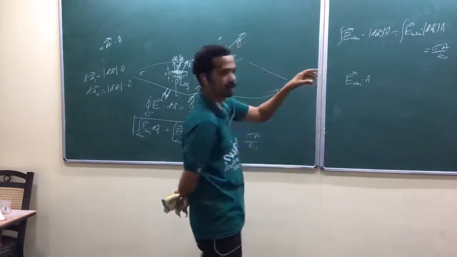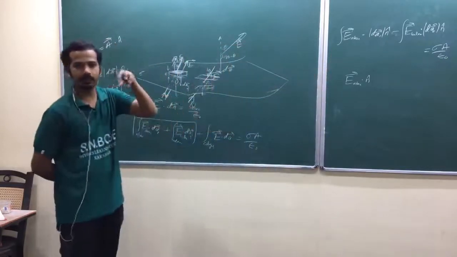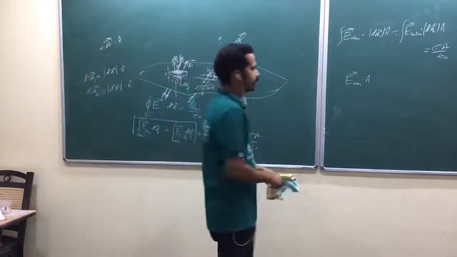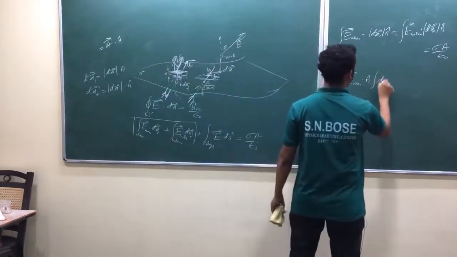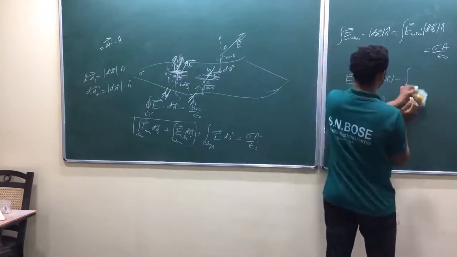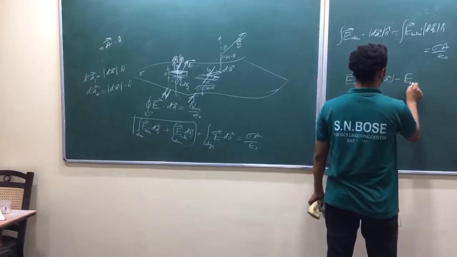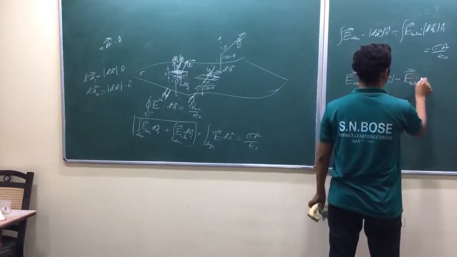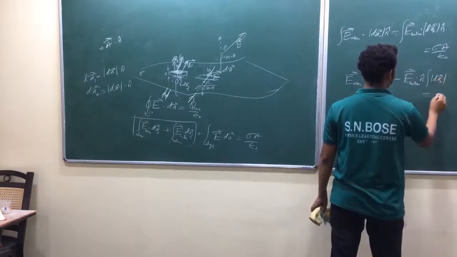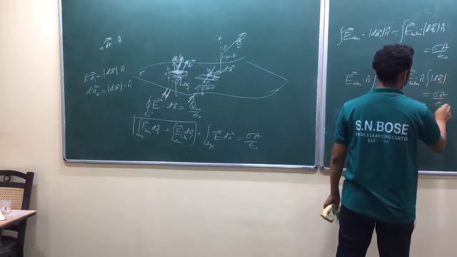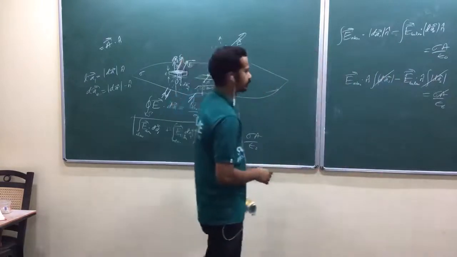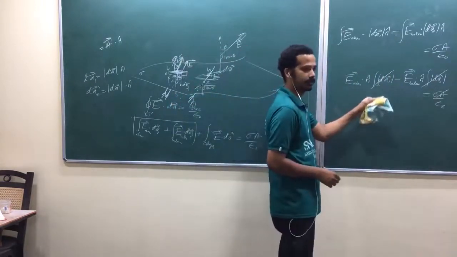The electric field above is practically constant because we are taking a very small patch, a very small Gaussian surface. Is that okay? I can write this as the integral of dA1 minus E below dot n cap, integral of dA2, is equal to sigma A by epsilon naught. These are areas A. Am I right? They will get cancelled.